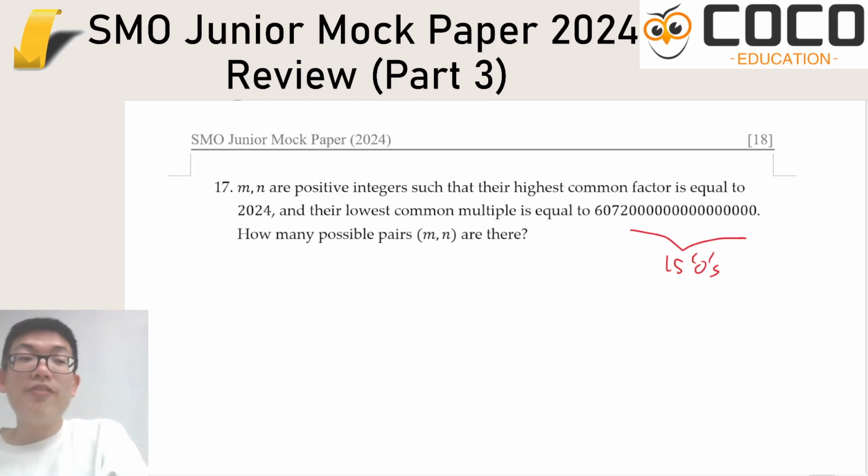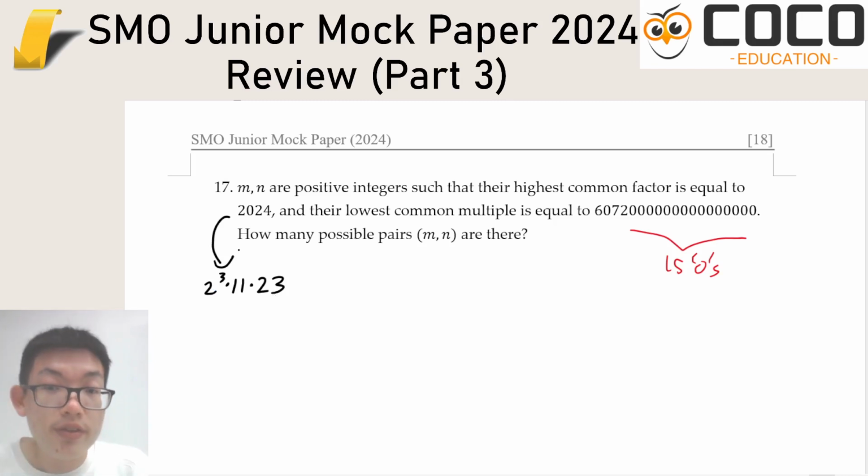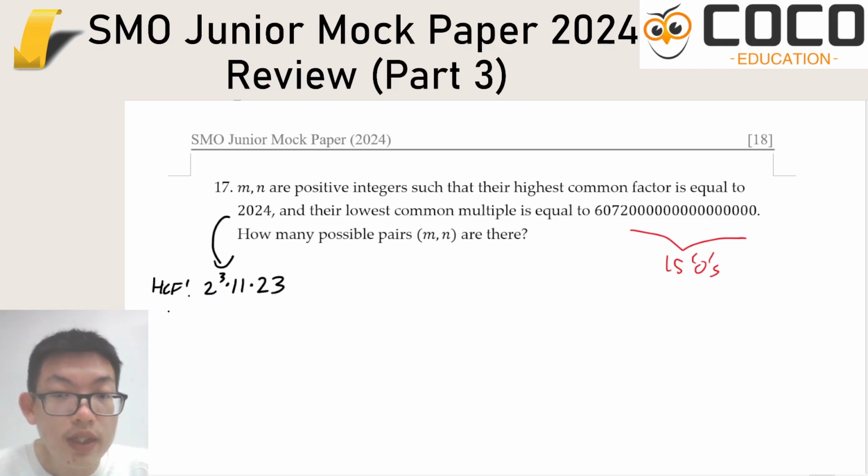Okay, so HCF of m and n is 2024. You need to know the factorization of 2024, which I can supply here. That's the HCF. And the LCM is this thing here.